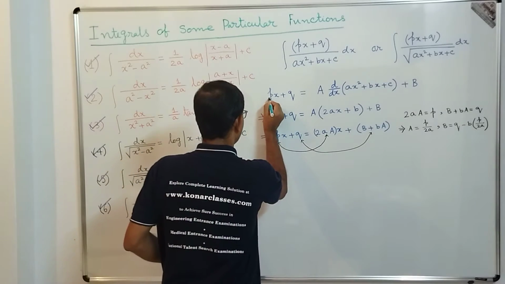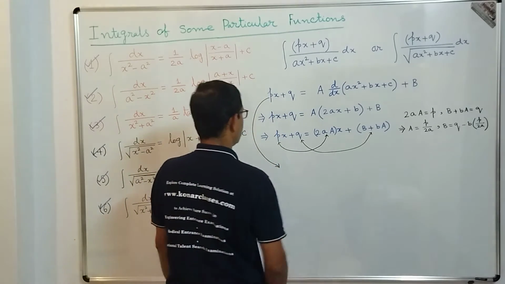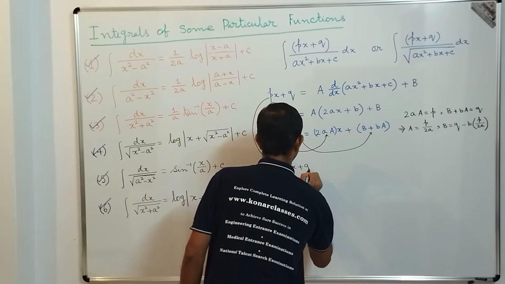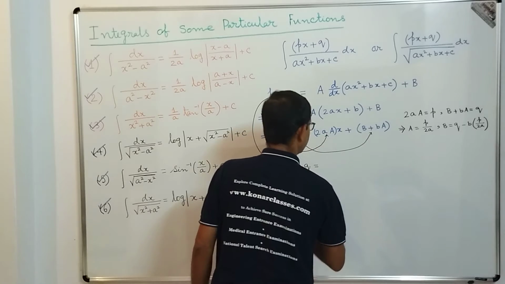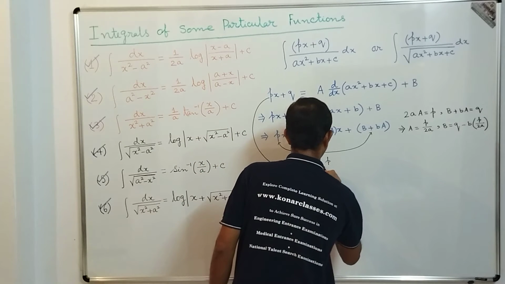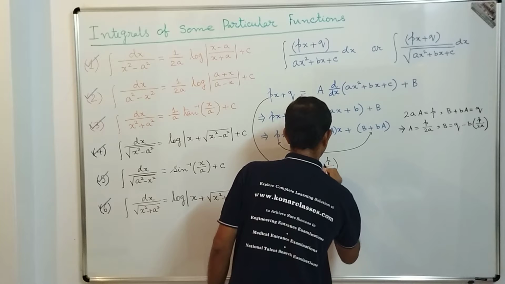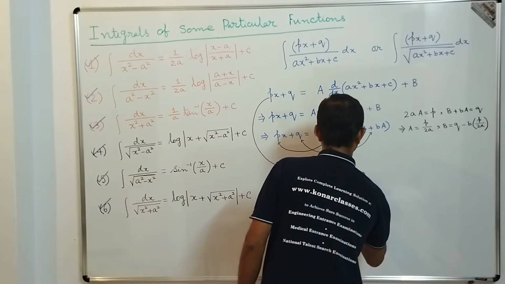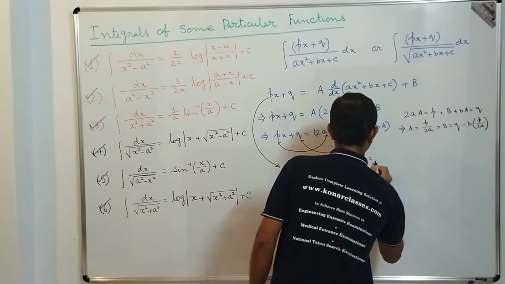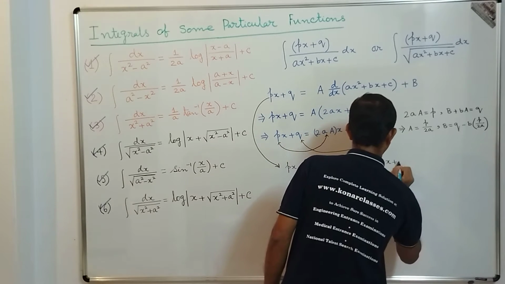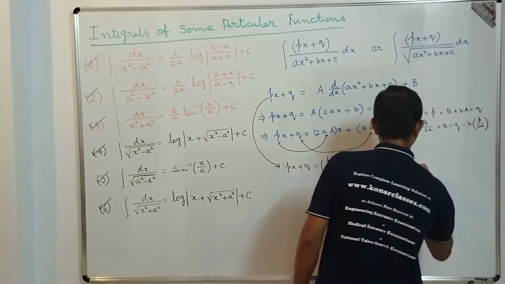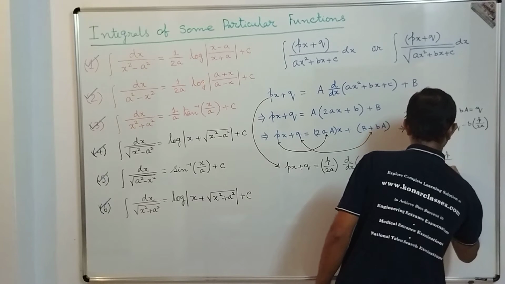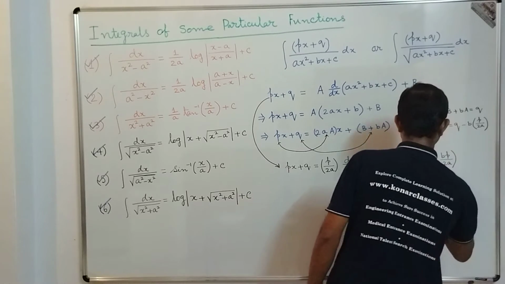Once we get these values, let's apply them here. From here we get px plus q is equal to p by 2a into d/dx of (ax square plus bx plus c), plus q minus b into p divided by 2a, correct?